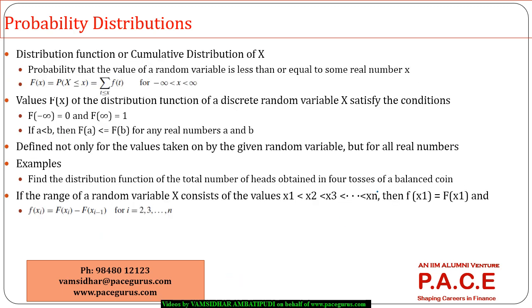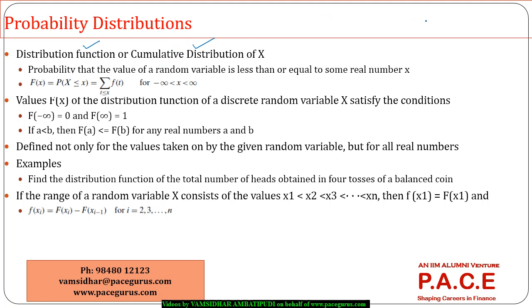Now, moving on to the next topic, I am interested in a distribution function associated with the same discrete random variable. Otherwise, we also call it the cumulative distribution of x.